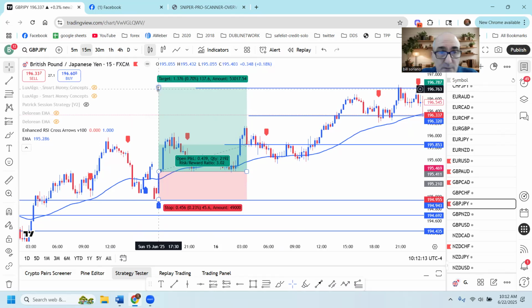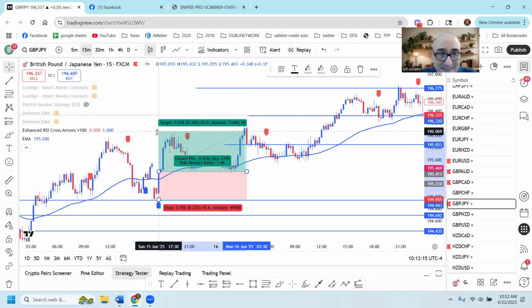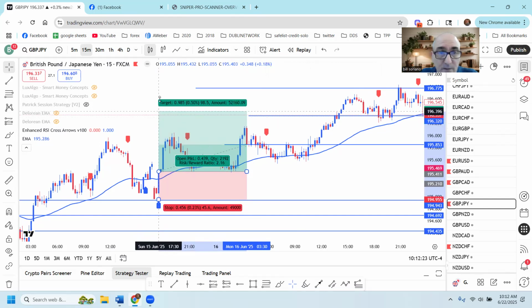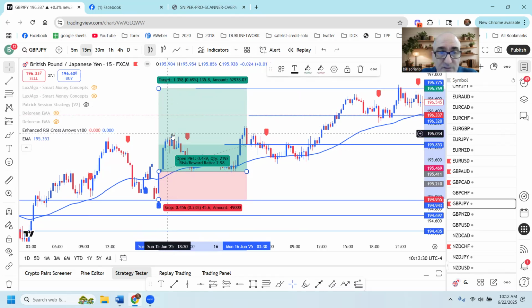Okay. Now you can see here that this is not quite 1.5. You don't get the 1.5 until over here. So right here, this is just up +1.